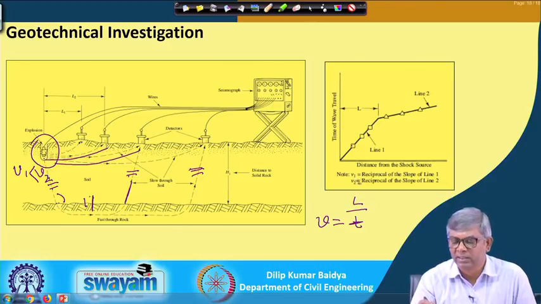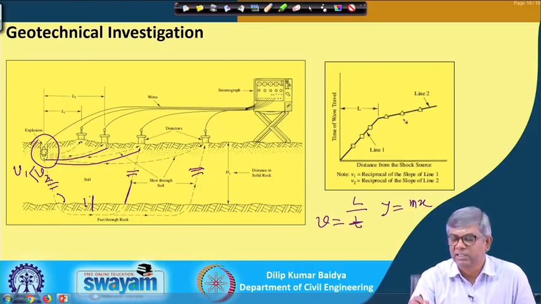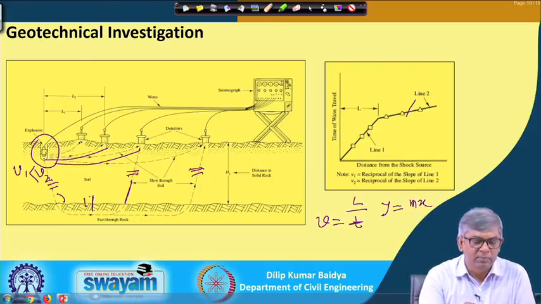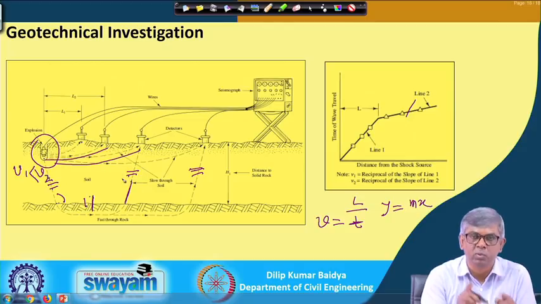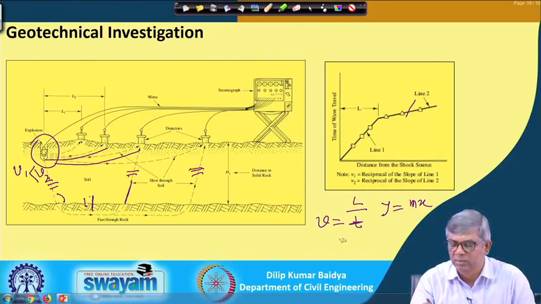Here, directly linear means it was of the form y equal to mx, and in this part, this plus this is actually traveling through the first material. So, this plus this traveling with the first material will be the constant part. So, the second line's equation will be y equal to mx plus c.